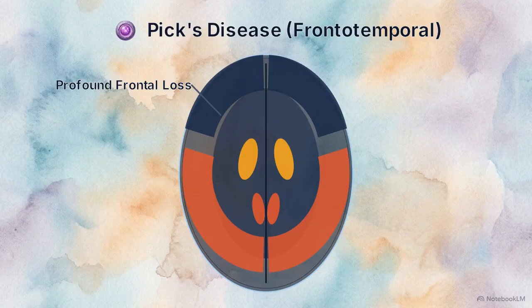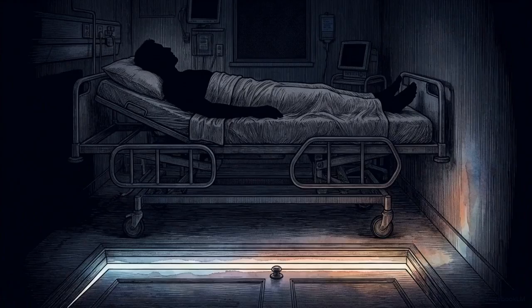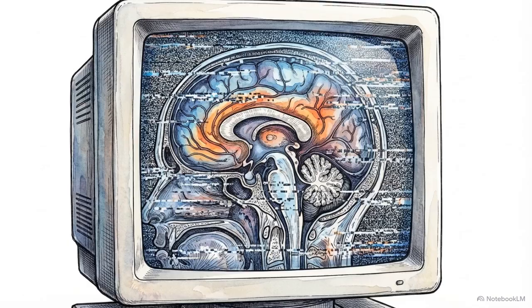Mapping these subtle topographical deficits requires extreme environmental control prior to the scan. The patient must rest in a dimly lit room and strictly refrain from talking or sleeping during the uptake period. Violating these protocols degrades the target-to-background ratio.